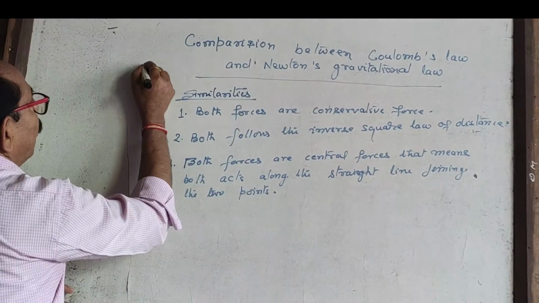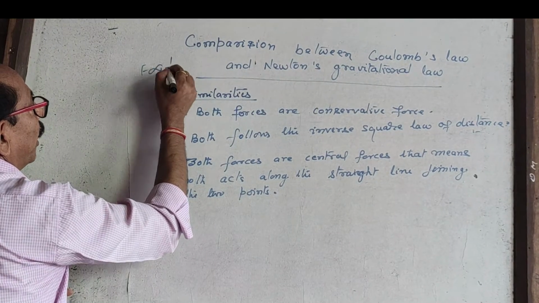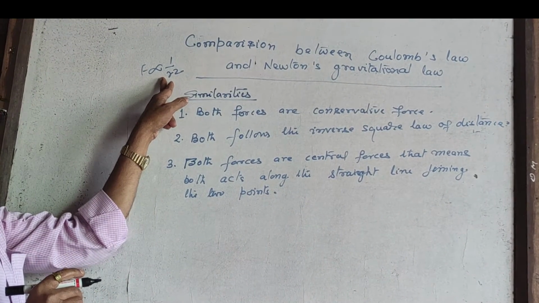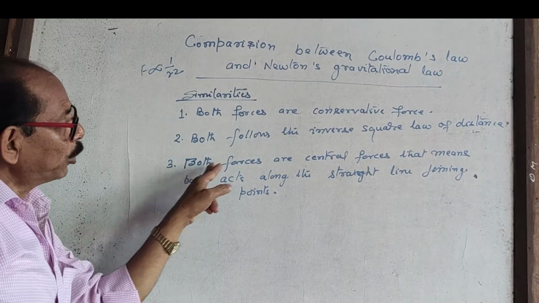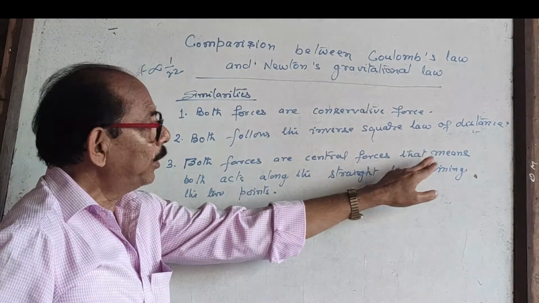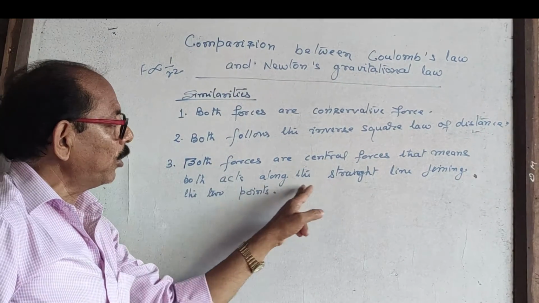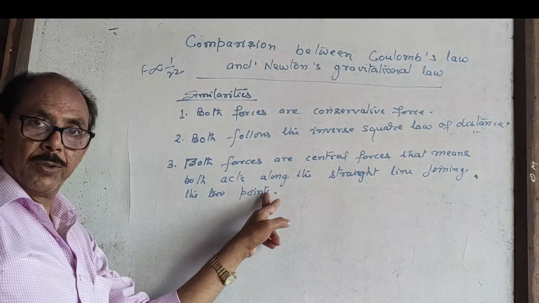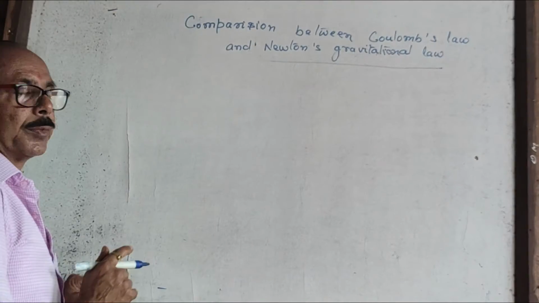You see F is proportional to 1 by R square. That is the inverse square law. Both forces are central. That means both act along the straight line joining the two points. Is it clear?